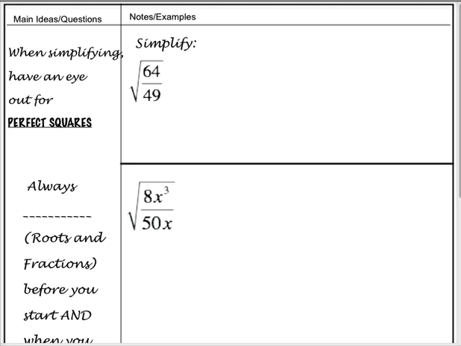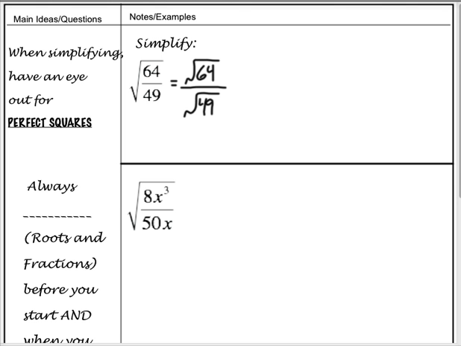So simplifying radical expressions. Now, when we're looking at this, the first thing we always want to do is see if we can reduce the fraction as is. Well, 64 over 49. Well, that doesn't reduce at all as a fraction. So we need to just start pulling it apart. Well, the cool thing is, if you consider both of those numbers, you should recall those from our list, 64 and 49.